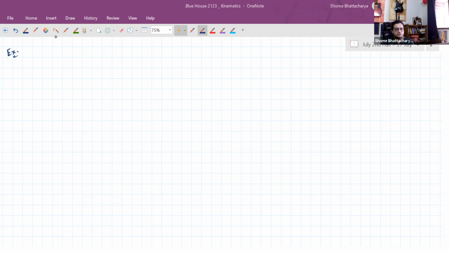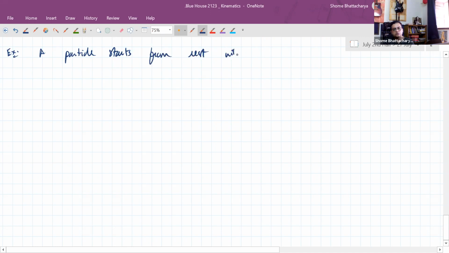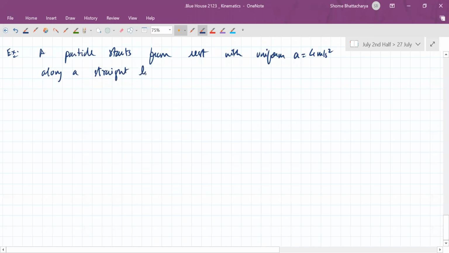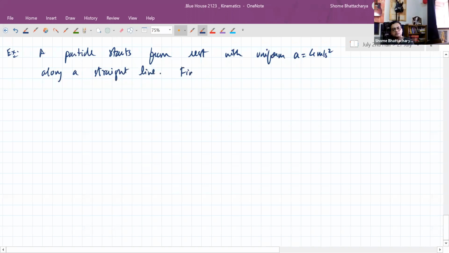So suppose we have something very direct like this: a particle starts from rest with uniform acceleration equal to, let's say, 4 meters per second square along a straight line. You want to find its velocity at t equal to 4 seconds.